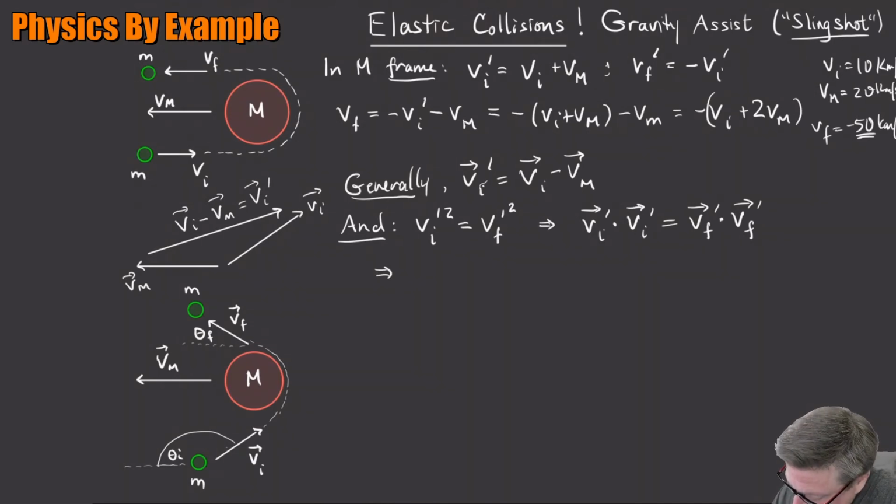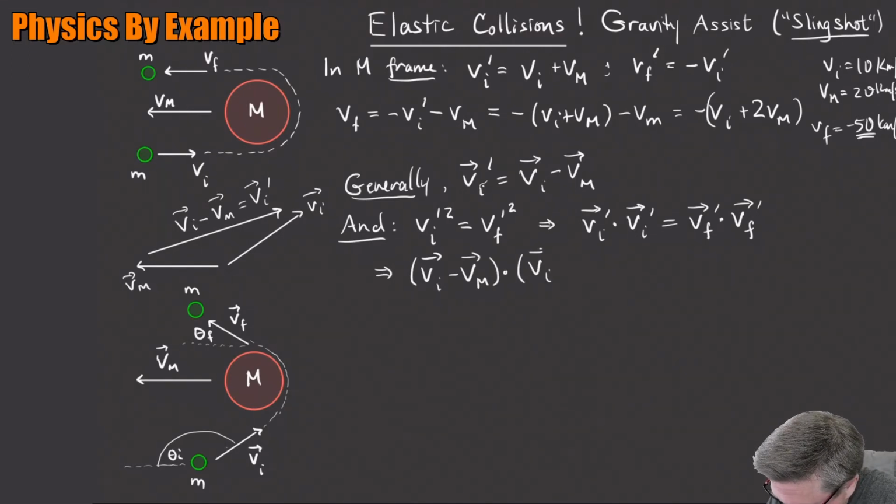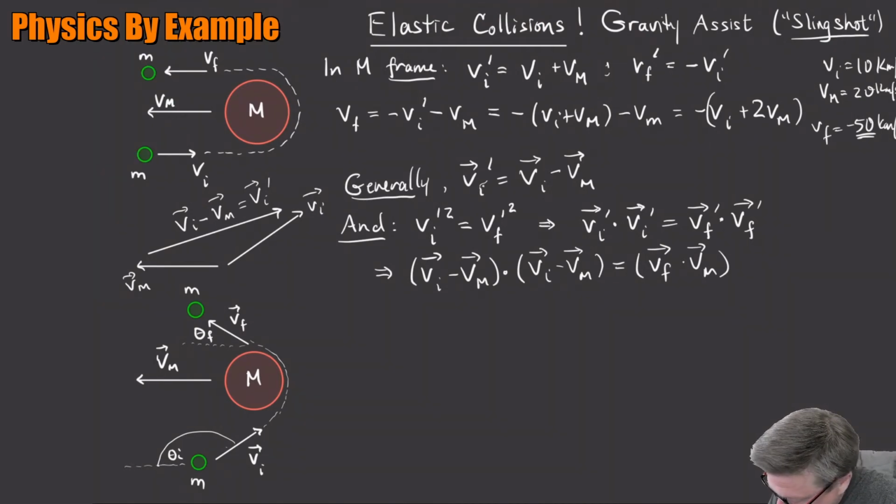So this means Vi prime is Vi minus Vm dotted with Vi minus Vm, and this has to be equal to Vf minus Vm dotted with Vf minus Vm. Okay, so there we go.